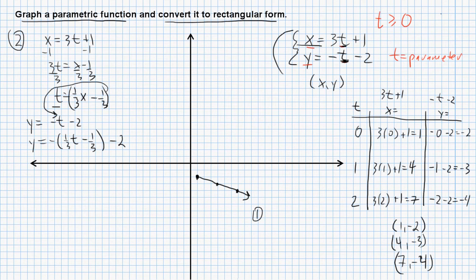We distribute the negative in, so y is equal to negative 1/3 x, minus negative, which is plus, 1/3, minus the 2. Combining like terms, that's negative 1/3 x minus 1 2/3.